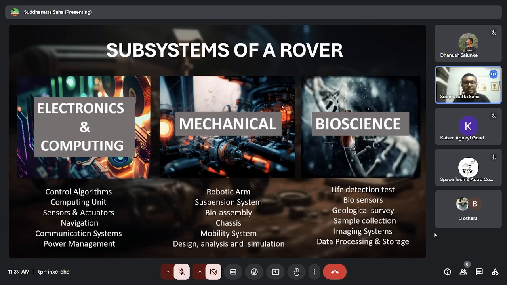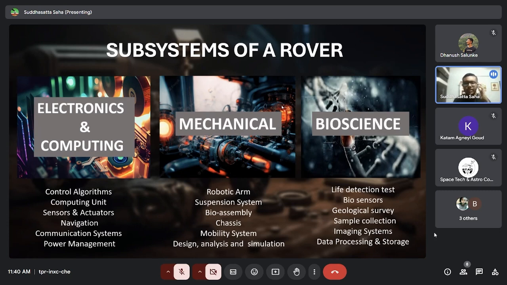So the electronics and computing subsystem basically deals with two aspects: the decision making algorithm and the intelligent system subsystem, which means that the rover has electronics in action, and the rover also has algorithms and an artificial intelligence model which is taking decisions on its behalf in real time without any human intervention.